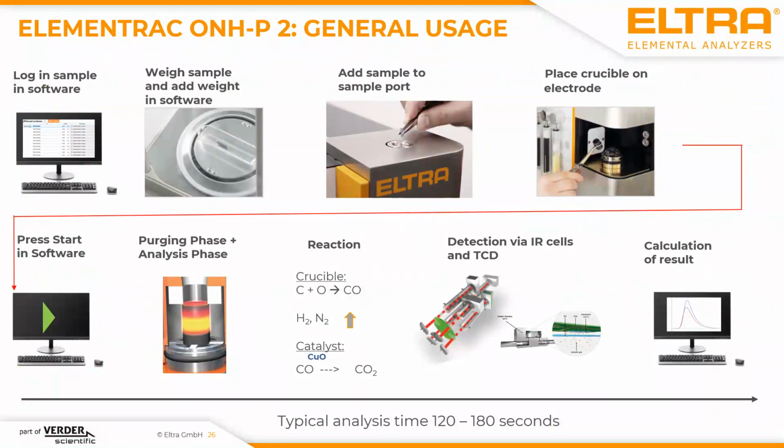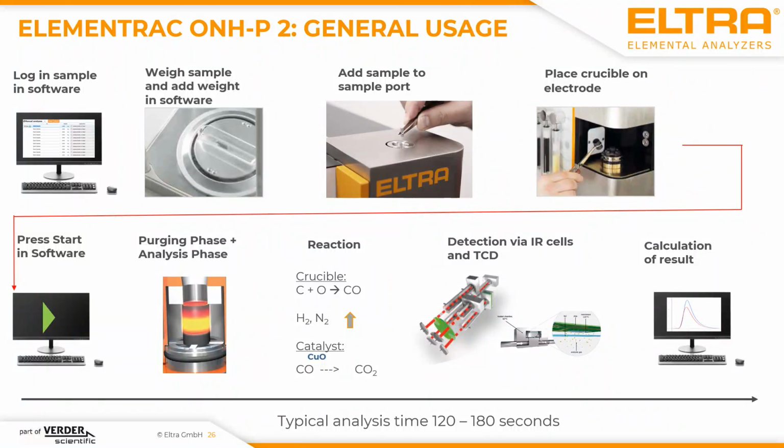In daily practice, the analysis of oxygen, nitrogen, and hydrogen is pretty easy. You just log in your sample in the software, weigh your sample, apply the sample to the sample port, put your crucible on the lower electrode tip, and all further steps are done by the analyzer.